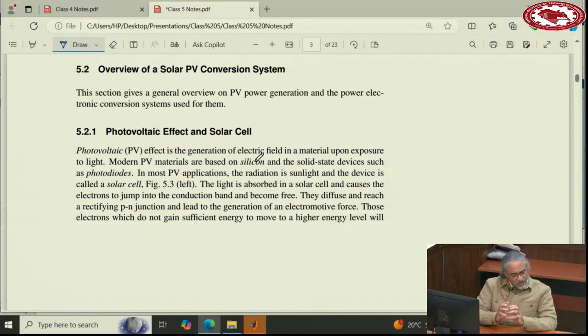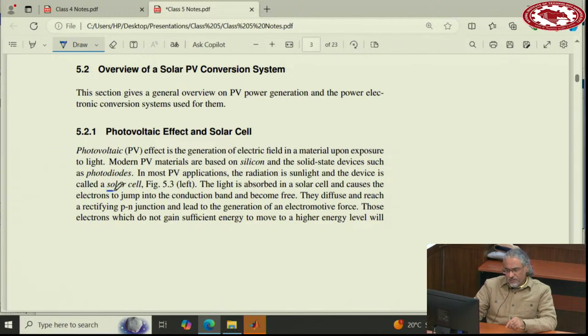In other words, if they absorb a sufficient amount of energy so that they become free, they can move outside, and there will be electricity. If they move only a little bit and cannot become free, they may come back and lose their energy as heat, or just stay at a higher level of energy. So this phenomenon is called the photovoltaic phenomenon.